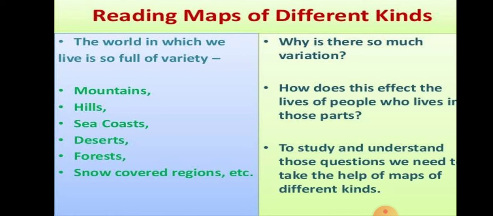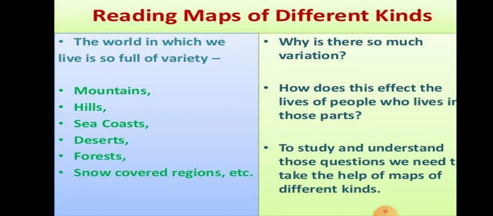So let's see. The world in which we live is full of varieties. Our earth is not equal. It has varieties of mountains, hills, sea coasts, deserts, forests, snow-covered regions. So we can find the variations on the earth's surface. All these variations we can learn by using the map only.